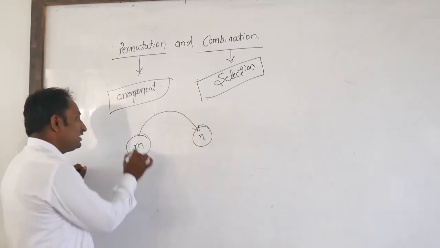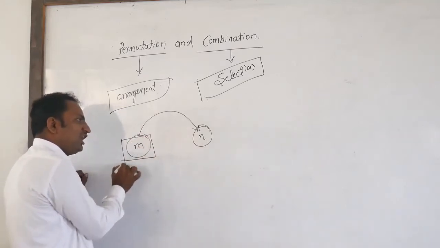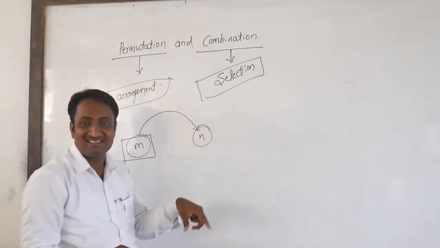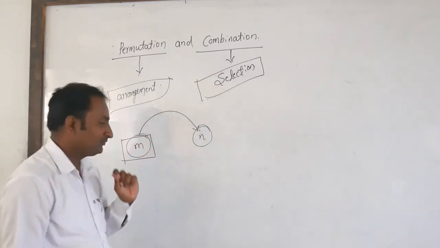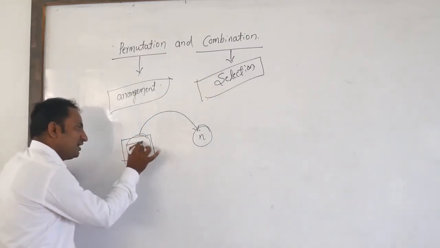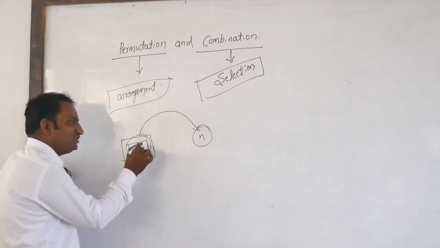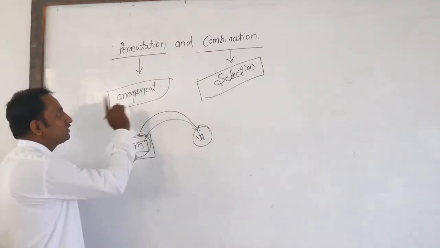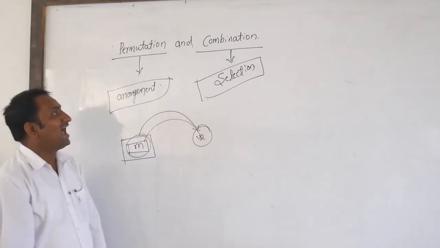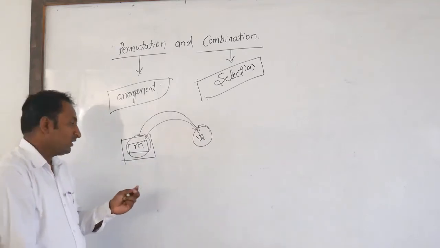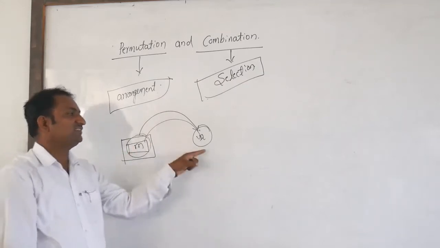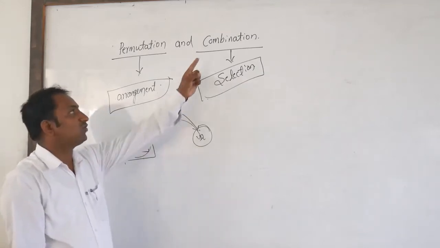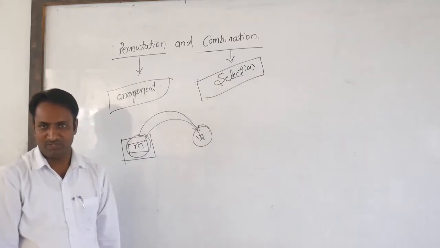If m things are there in which n things are selected, this is called combination.